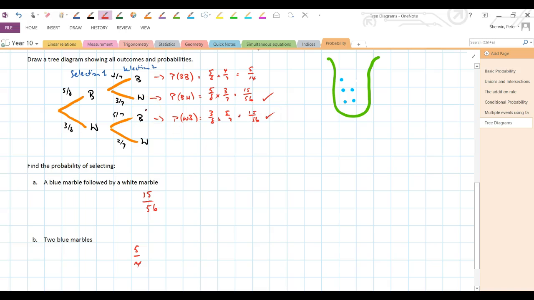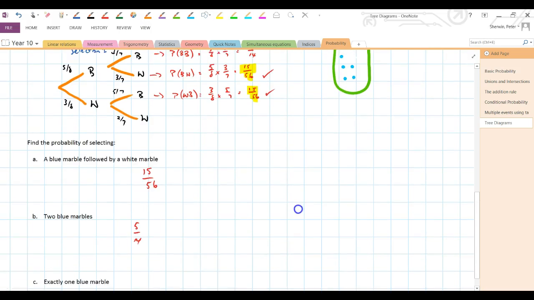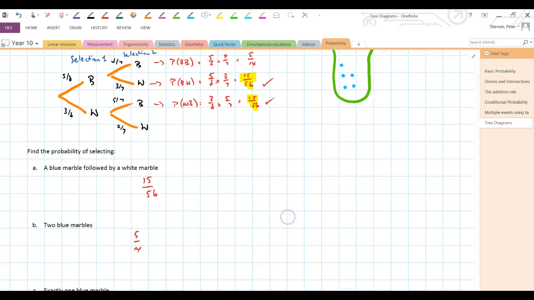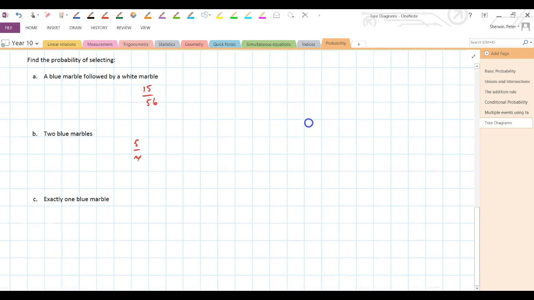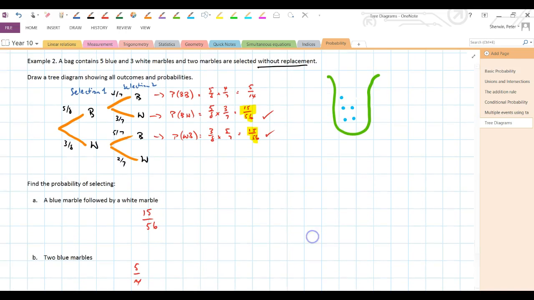So exactly 1 blue marble, we'll take this and this. They both satisfy this question here. So we take 15/56 and add another 15 over 56 to get 30 over 56, which is 15 over 28, which I think is as simplified as we can get.